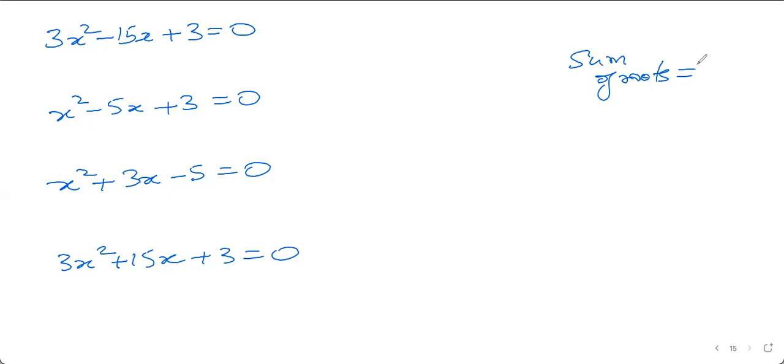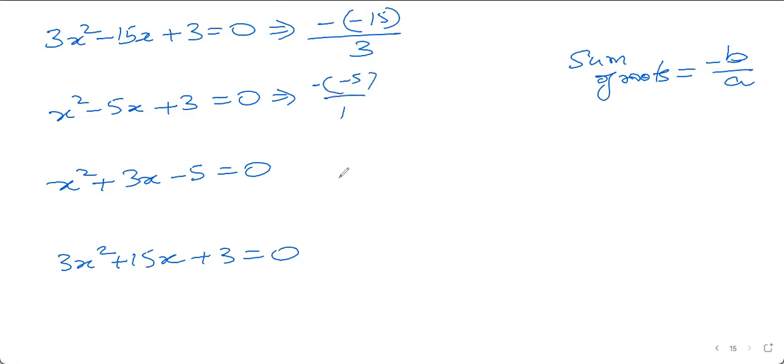When that is the case, the sum of the roots can easily be found out by the formula minus b by a. So in the first case, minus 15 by 3. In the second case, minus 5 by 1. In the third case, minus 3 by 1. In the fourth case, minus 15 by 3.